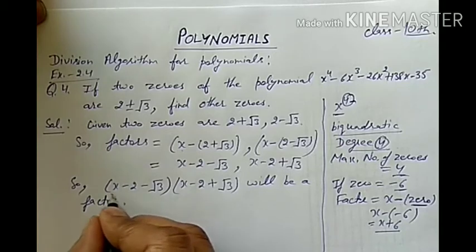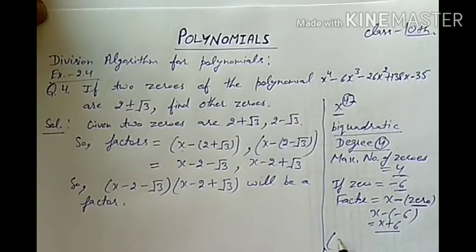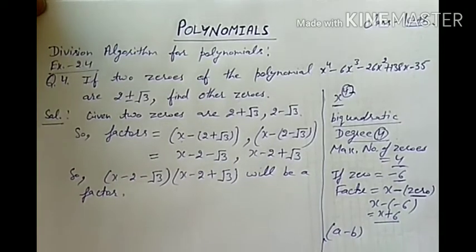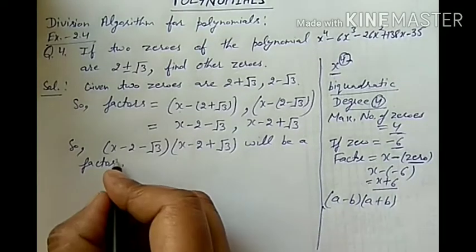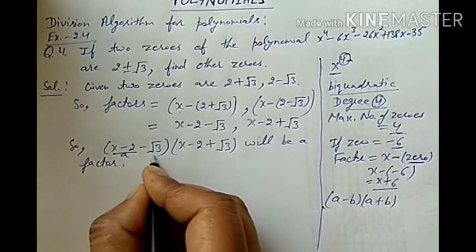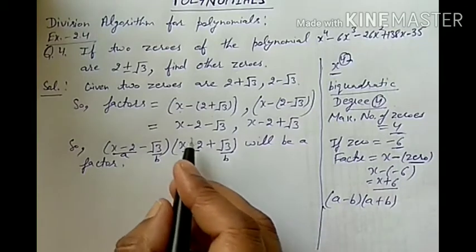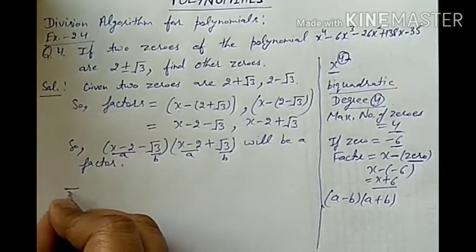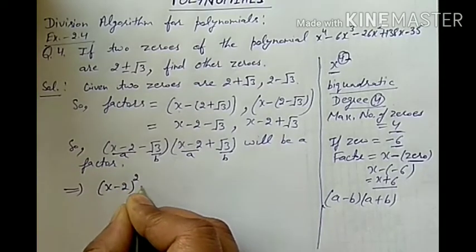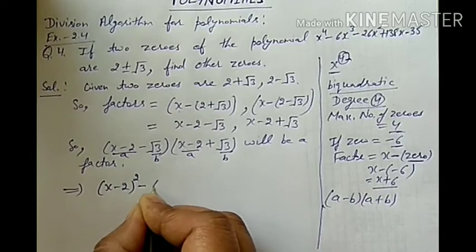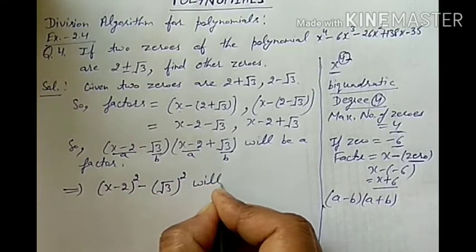And when we look carefully, it is of the form a minus b and a plus b. A is x minus 2, and b is equal to under root 3. You can see it implies x minus 2 whole square minus under root 3 whole square will be a factor.